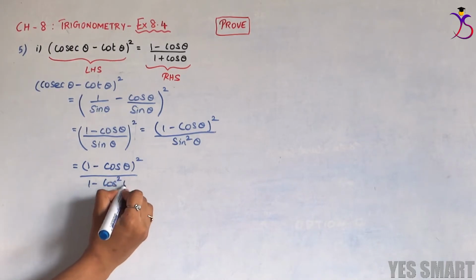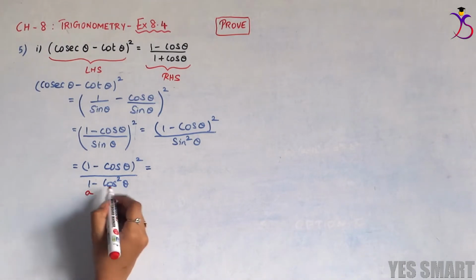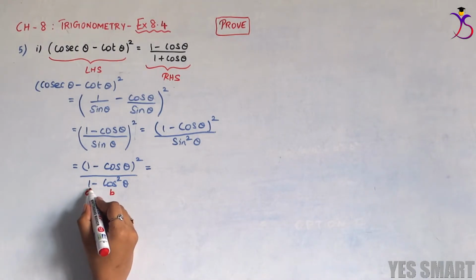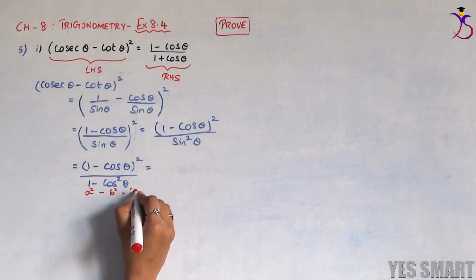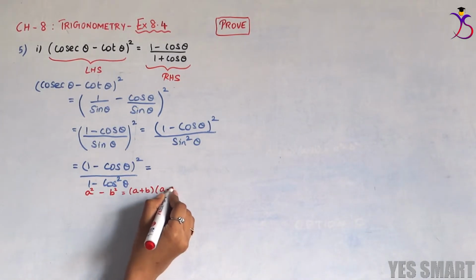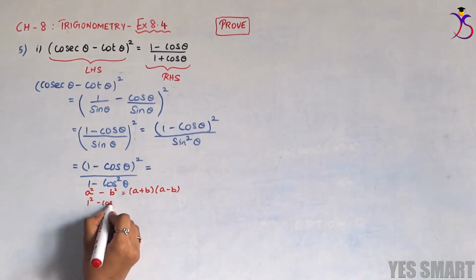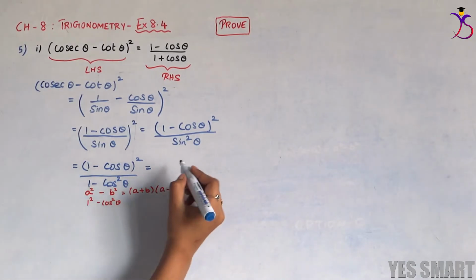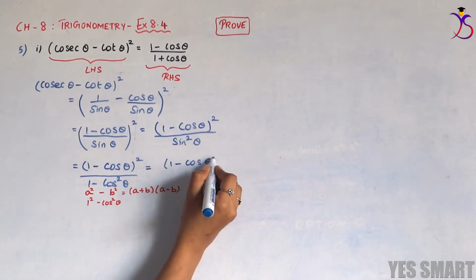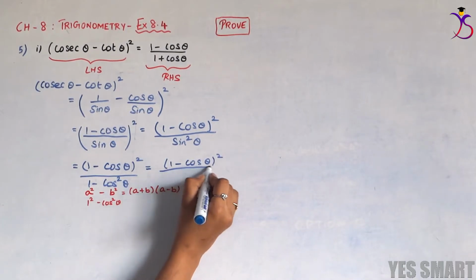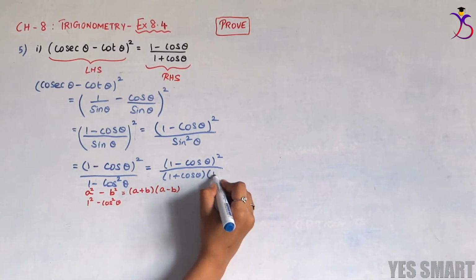Now the denominator is in the form of a square minus b square, which is equal to (a plus b) into (a minus b). Here a square is 1 square, minus b square is cos square theta. So on expanding the denominator using this identity, the numerator will be as it is and the denominator will be (1 plus cos theta) into (1 minus cos theta).